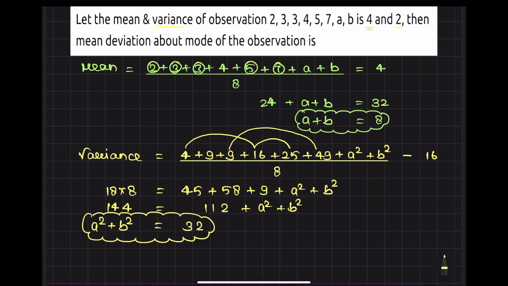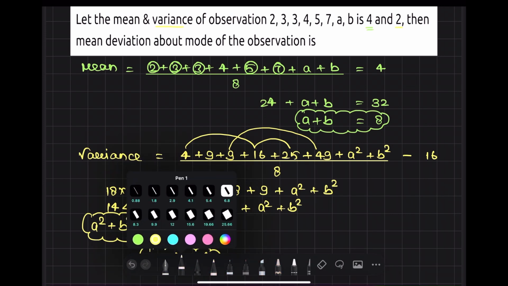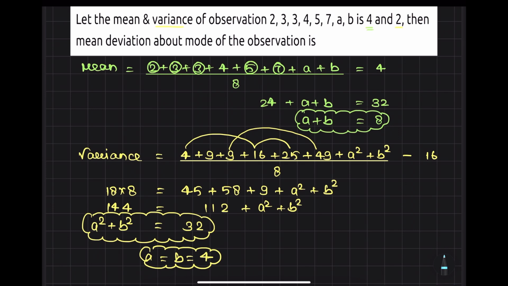A is 2, 36, no. Then we'll go with 3, 4, yes. So a equals b equals 4. So we got the values of a and b. Okay, this thing you should go with hit and trial, that would be much more convenient.